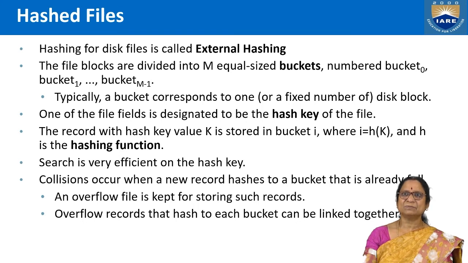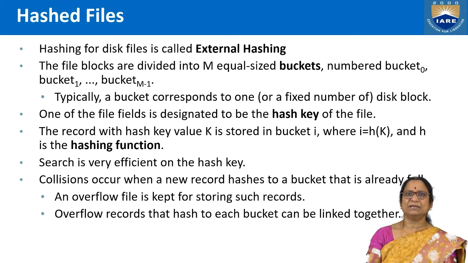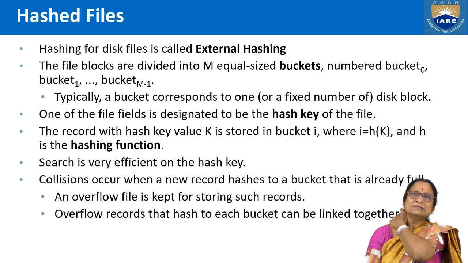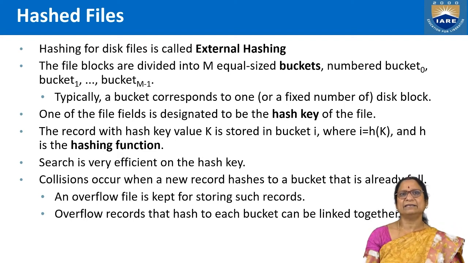Typically, a bucket corresponds to one disk block, or sometimes it depends upon the size of the block also. Each bucket will have some fixed size actually. So it may be one block or two blocks, etc., depending upon the block size and depending upon the data.